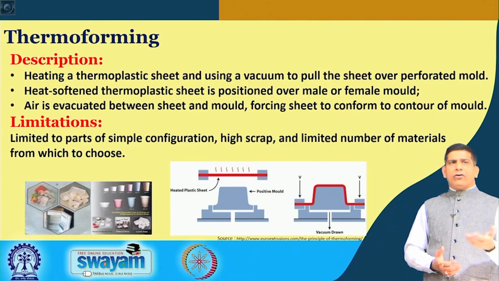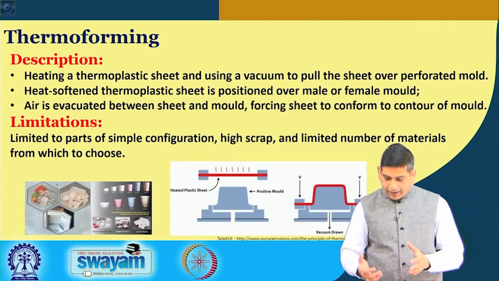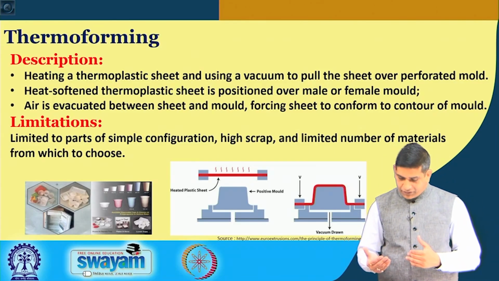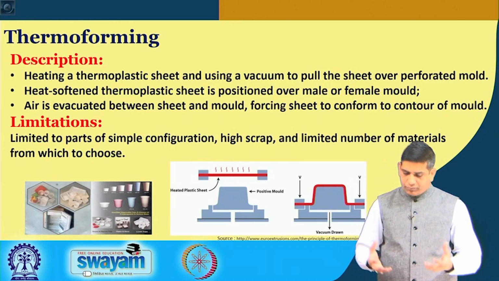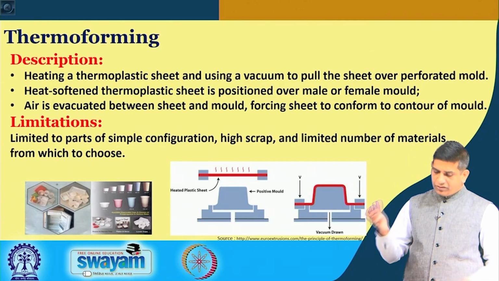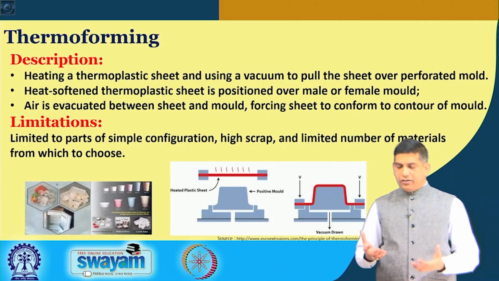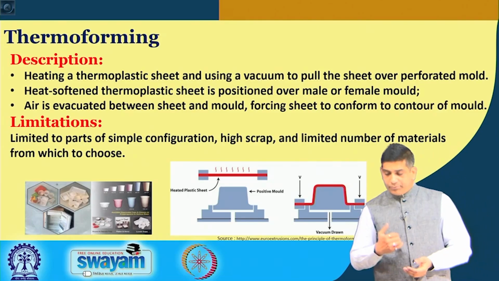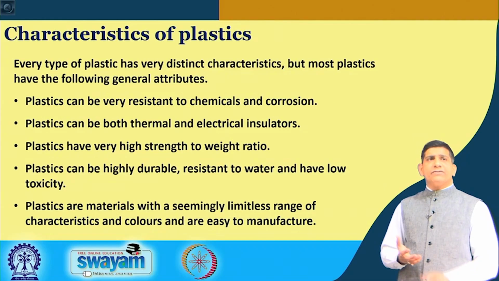So, you can make a lot of different types of products, as you can see, like a tray and different parts for refrigerators, different types of containers, bowls, cups and other stuff, those are made using these kinds of techniques. So, again there are different ways of making different types of products.